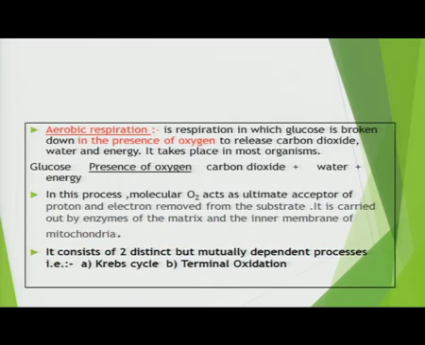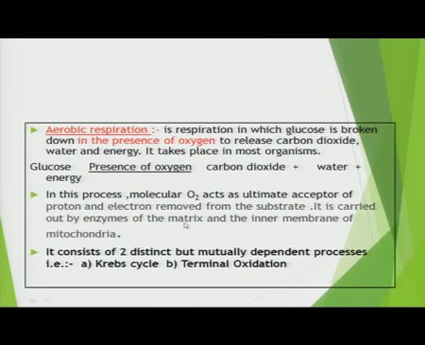Now, before we go on to the Krebs cycle: it takes place in aerobic respiration, where the glucose molecule is broken down in the presence of oxygen, which I have already discussed, and the products are carbon dioxide, water and energy.